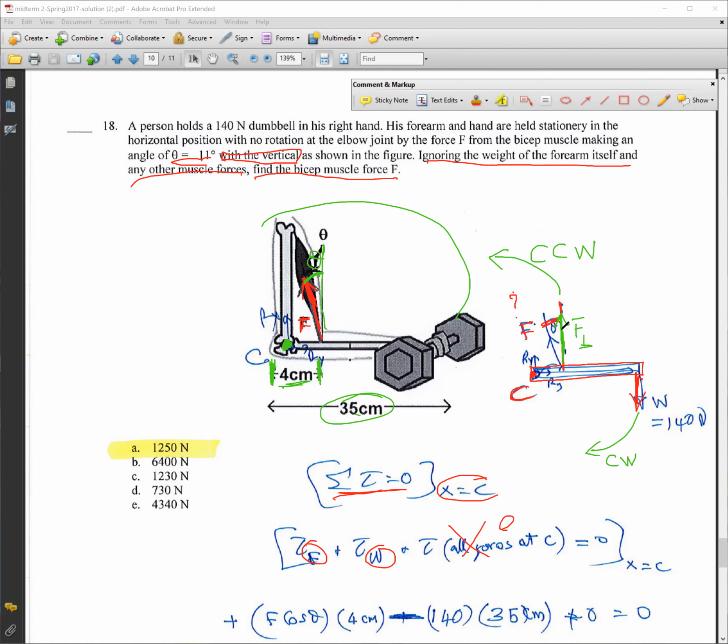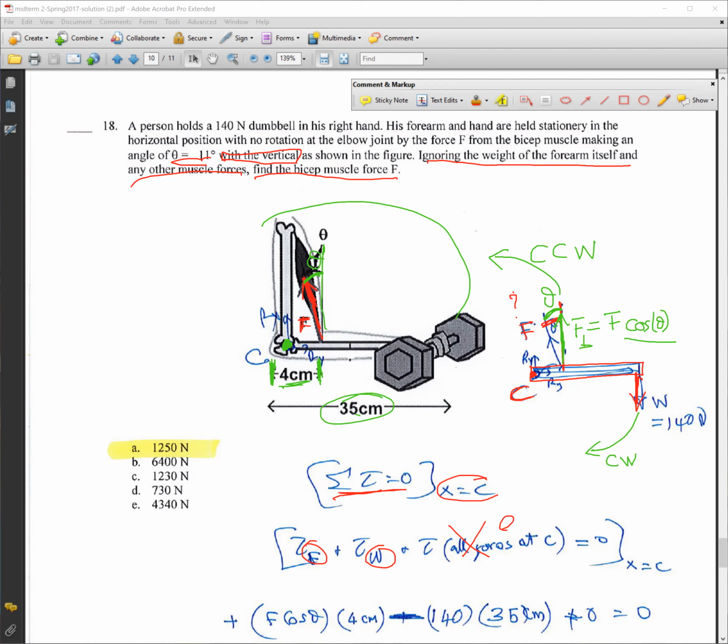And if you notice the angle, like we said in the previous question, the angle theta is with the vertical. So F perpendicular will be equal to F cosine theta. The angle is not provided with the horizontal. That means it's a positive torque, and I have to express it with the cosine.